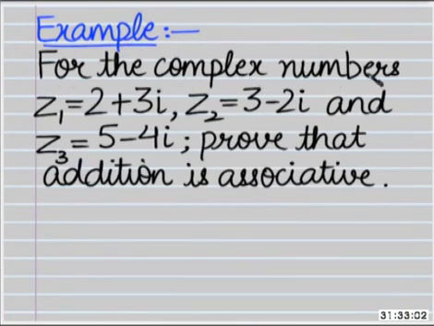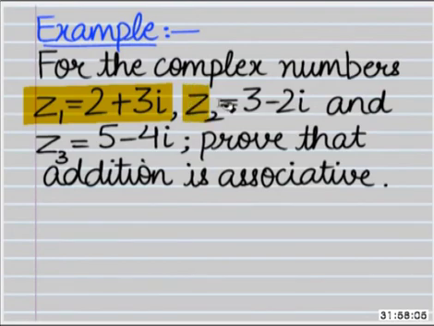For the complex numbers Z1 whose real part is 2 and imaginary part is 3, that is complex number Z1 equal to 2 plus 3 into iota. Another complex number Z2 whose real part is 3 and imaginary part is minus 2, that is complex number Z2 equal to 3 minus 2 into iota.